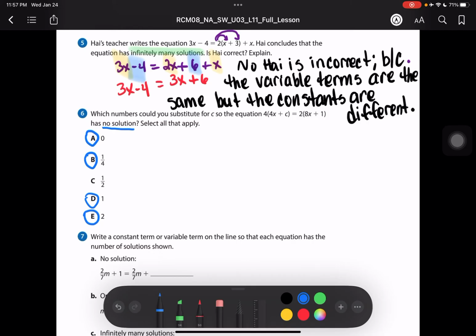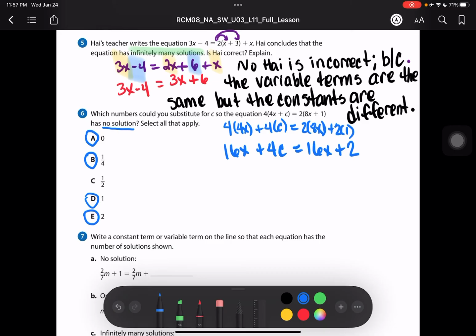I'm going to go ahead and distribute this. This will be 4 times 4x plus 4 times C equals 2 times 8x plus 2 times 1. So that gives me 16x plus 4C equals 16x plus 2.